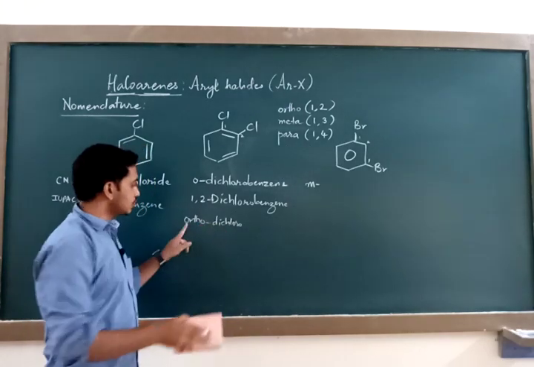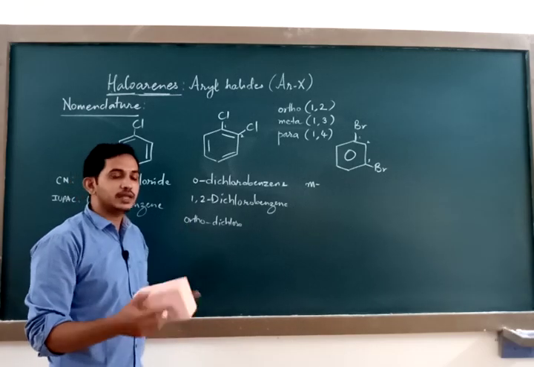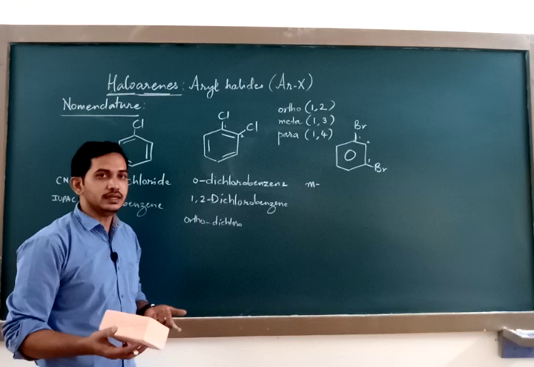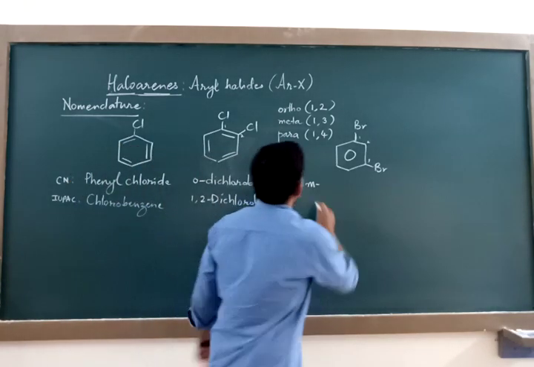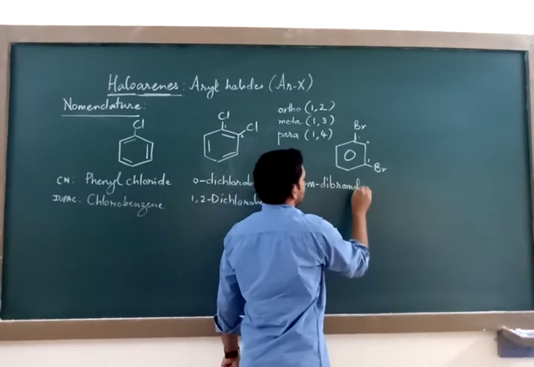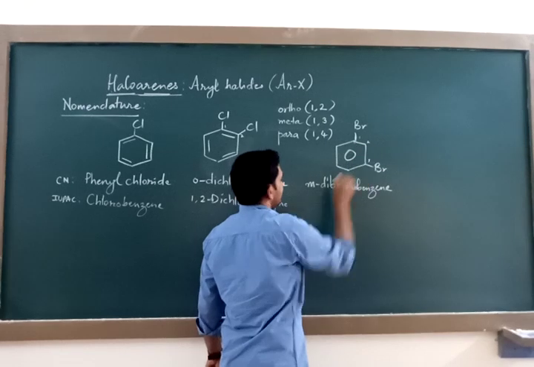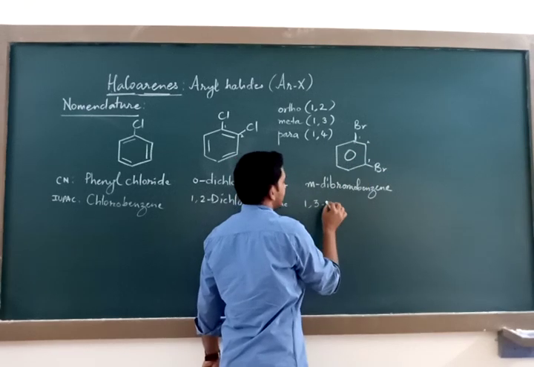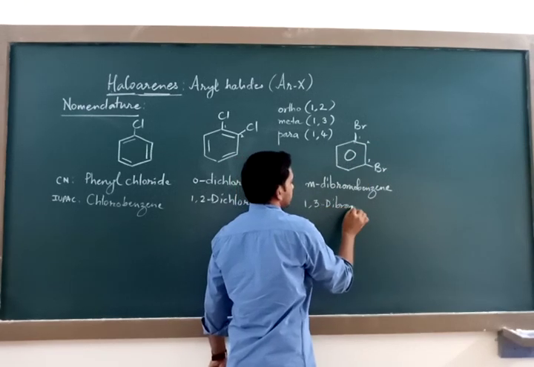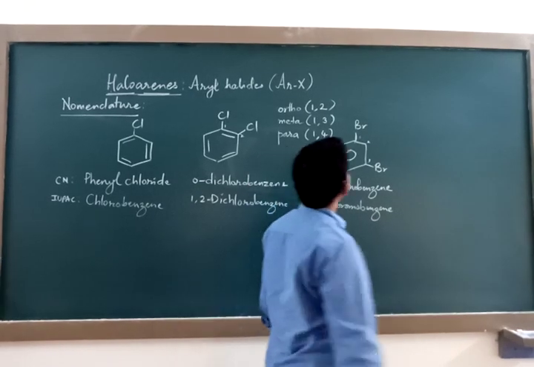If it is ortho, you are supposed to write only small o dash. If it is meta, small m dash. If it is para, small p dash. So meta dibromobenzene. Then the IUPAC name will be 1,3 dibromobenzene. Let us see one more example.